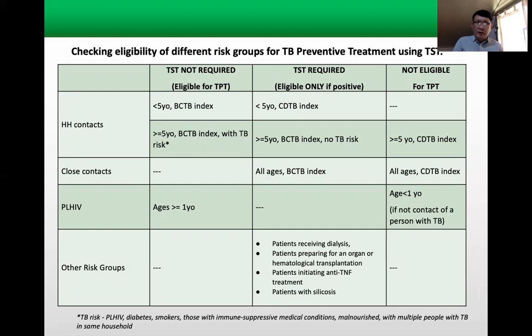Who are those who don't require TST? Who are those who require TST? And who are those not eligible for TPT? So this is just a summary table for all the discussions we have in the previous slides.